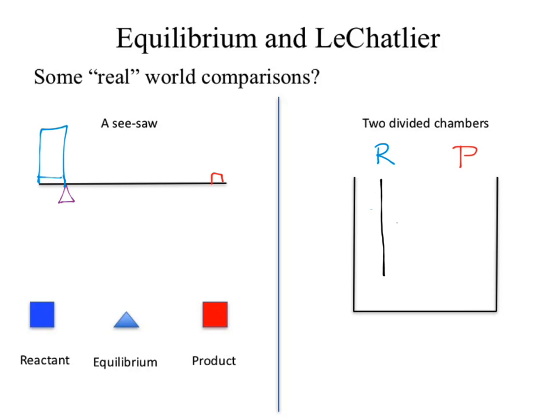Depending on where I change the location of that divider, that's going to change how much reactants become products, because ultimately it's going to balance out. So we could still do that. That is changing the experiment, though.